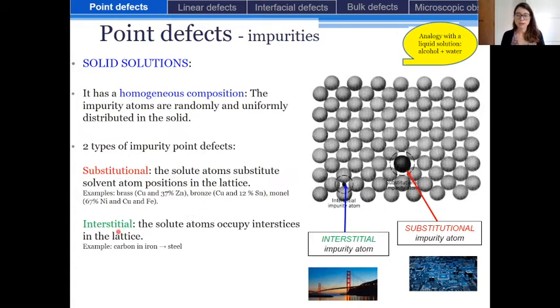And we also have interstitial solid solutions, in which the solute atoms occupy interstices in the lattice. We saw the example of the steel bridge, in which a small percent of carbon occupies interstitial positions in the iron lattice. And so steel is an interstitial solid solution.